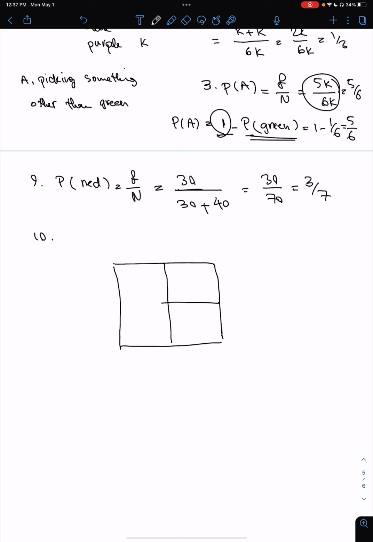This is our coin. This is coin 1, and this is coin 2. This is coin 1 head, tail. This is head again. This is tail.